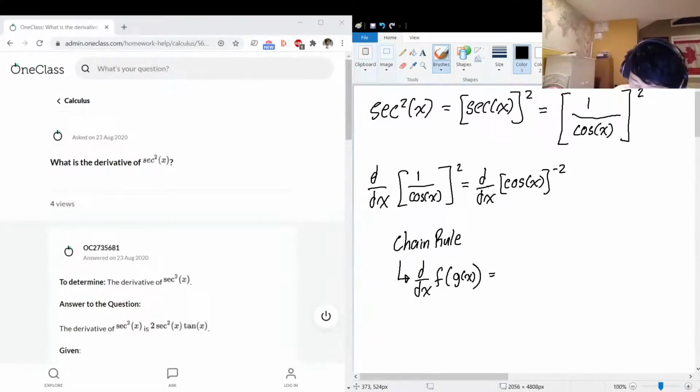Let me just verify to make sure this is super accurate. Never hurts to double check.